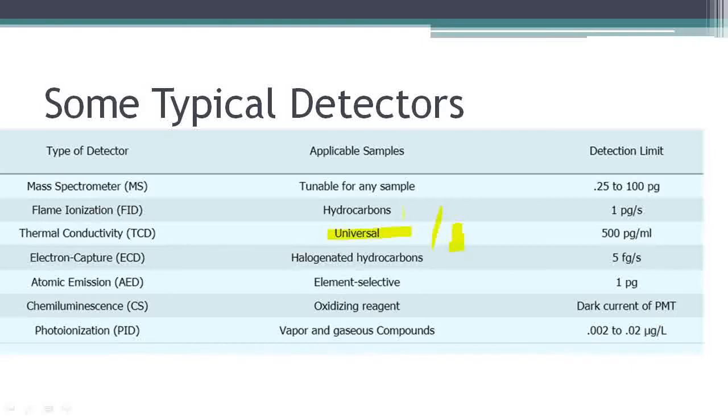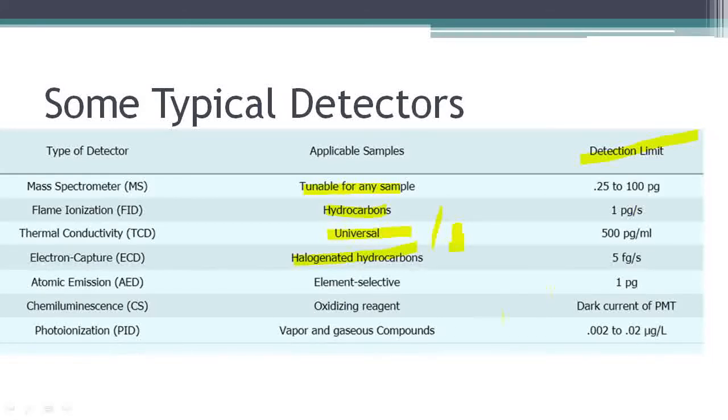And again, we have the mass spectrometer, which is also tunable for any sample, so it's a universal detector. Then we have flame ionization, which is for hydrocarbons, and the electron capture device for halogenated hydrocarbons, and you can see the detection limits. Detection limit means resolution.